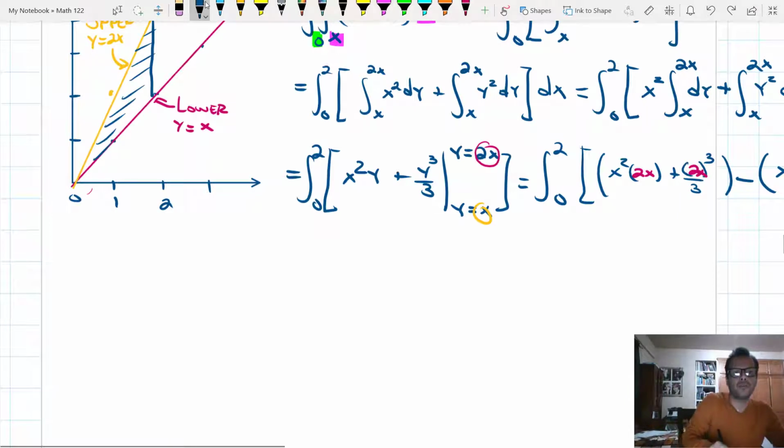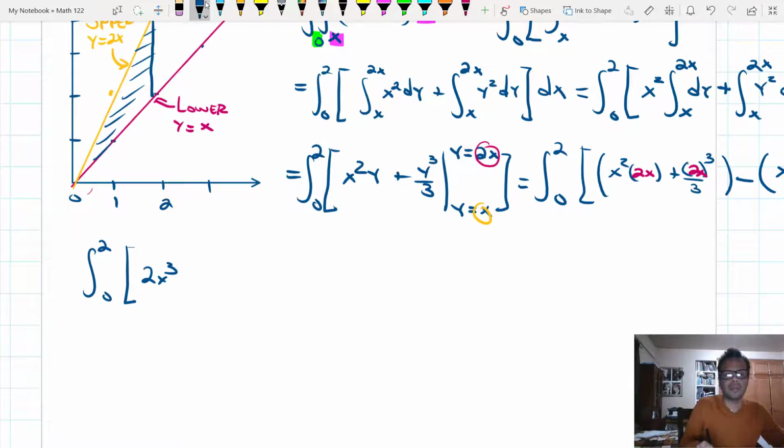So the integral from 0 to 2 of 2x cubed plus the quantity 2x cubed, and be careful when cubing the 2x, that gives us 8x cubed divided by 3.